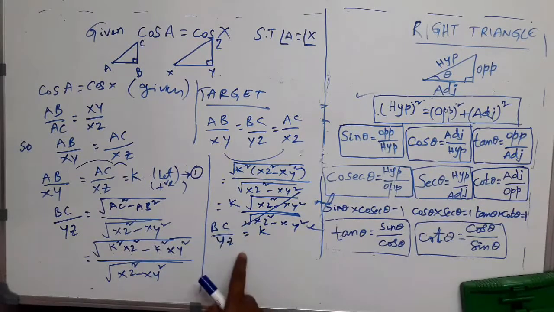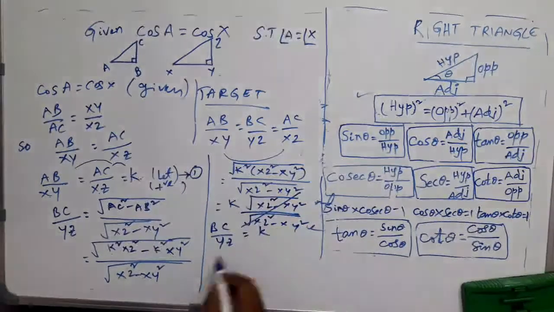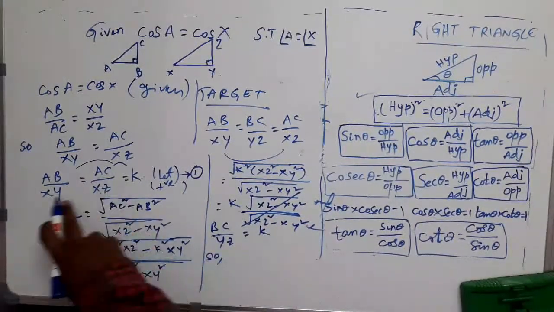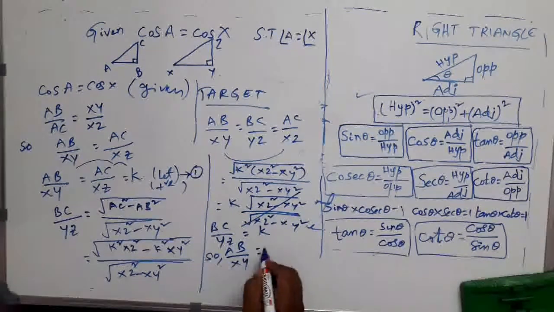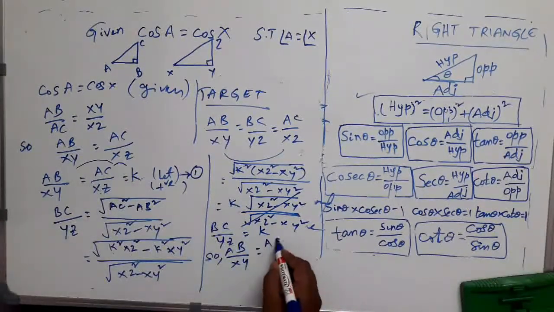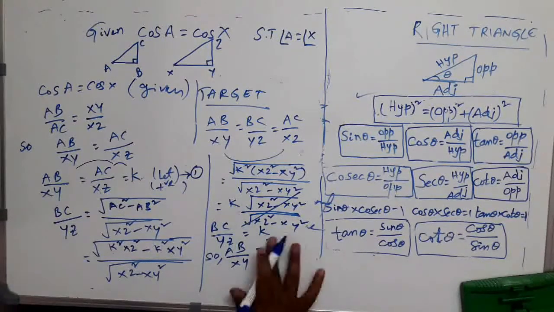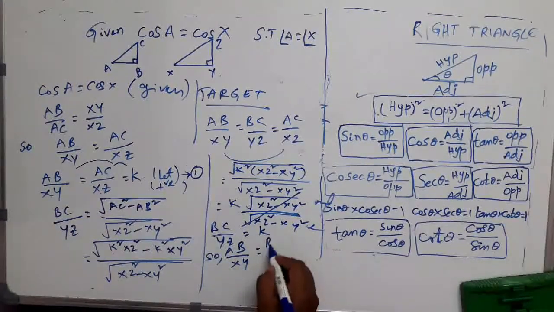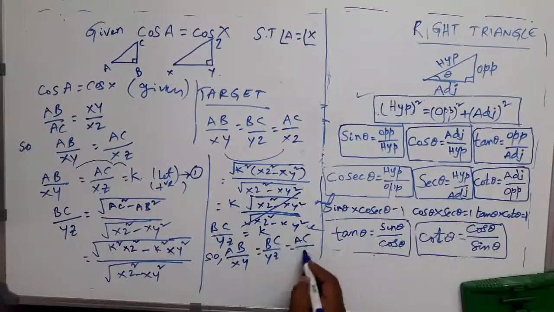K is BC by YZ. So have you got this relation or not? So AB by XY is equal to, I will write like this, BC by YZ. This is also K now. BC by YZ is equal to, now the third term, AC by XZ.